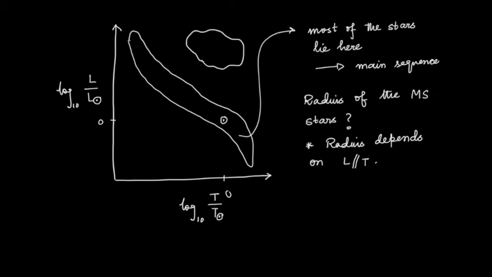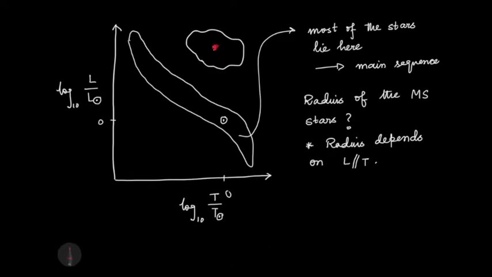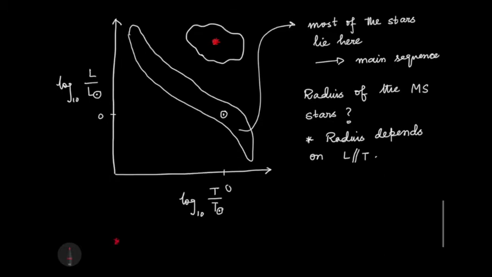Now we saw some stars here, and there are two branches. One we call the supergiants, one we call the giants. Let us just consider one branch for the time being. And what does this branch tell you? Now, if I have a star here, let's make it a red star.